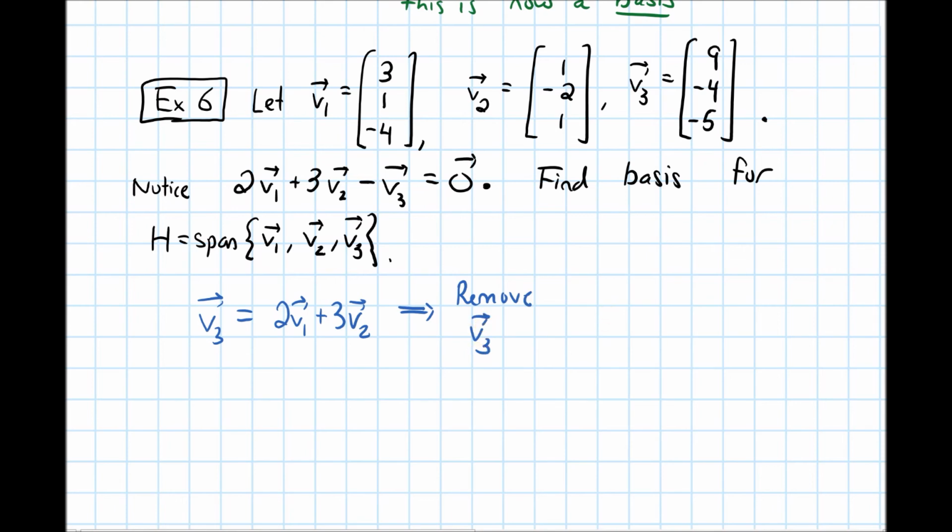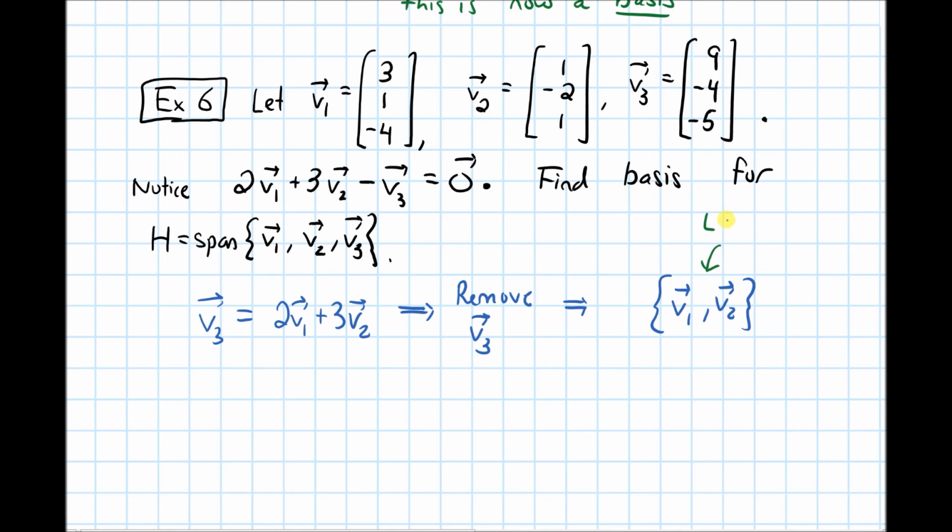So if you remove v3, then the set that we have will just have the vectors v1 and v2. And when I have two vectors, well, the two vectors are linearly independent if they're not multiples of each other. So are v1 and v2 multiples of each other? Just by inspection, we can see that they're not.